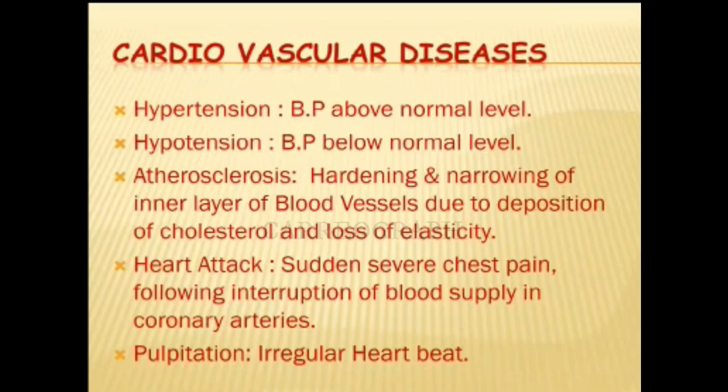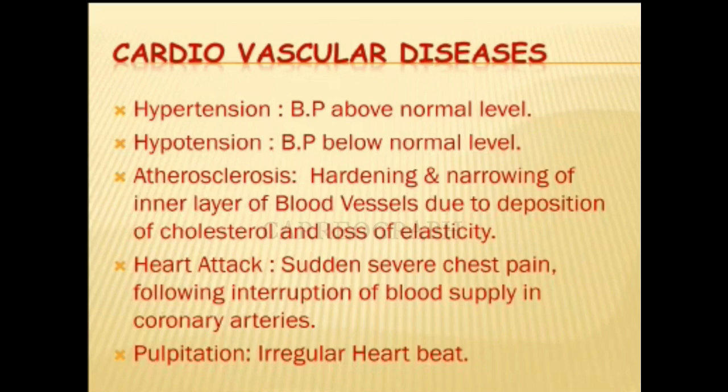There is also atherosclerosis. Atherosclerosis is hardening and narrowing of the inner layer of blood vessels due to deposition of cholesterol, and it leads to loss of elasticity of the blood vessel. So the blood vessel loses its elasticity, and this condition is called atherosclerosis.